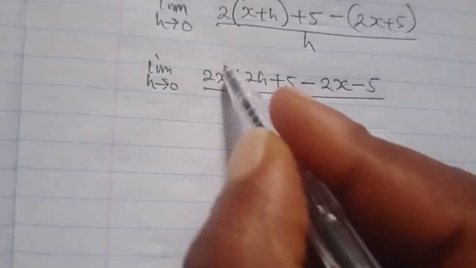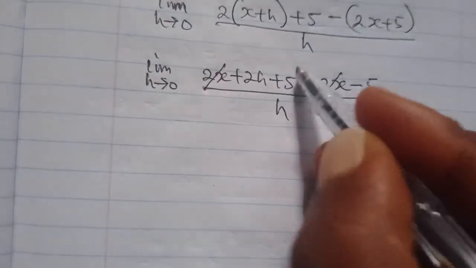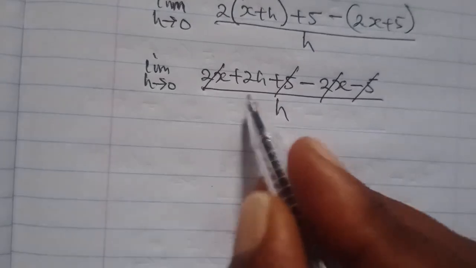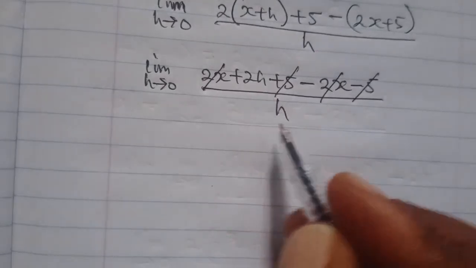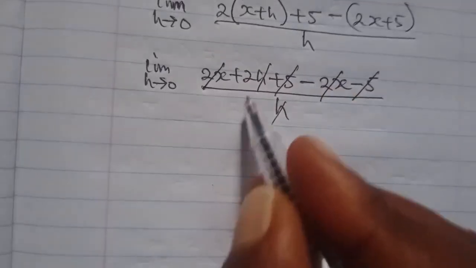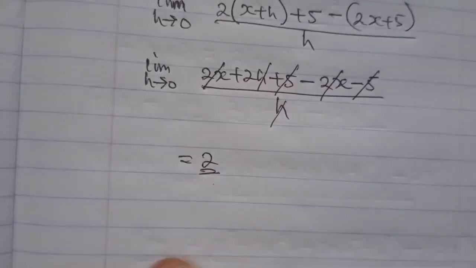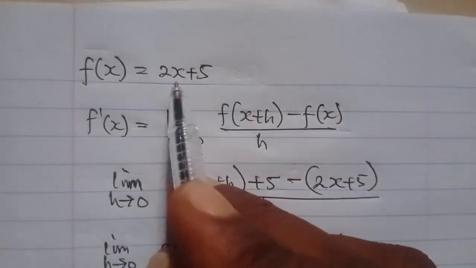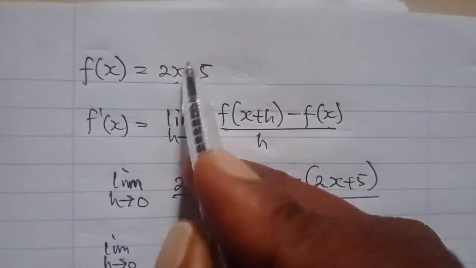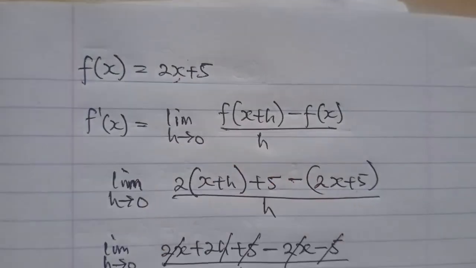So here you see 2x can take away 2x, 5 can take away 5. What is left is 2h over h, and h can take away h. What is left is 2. So 2 is the answer. And if we check the question using the normal power rule, if you differentiate 2x, you have 2.